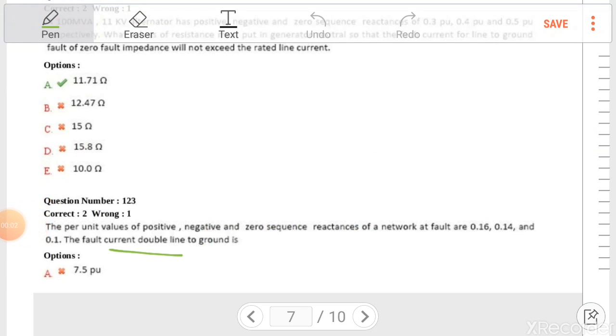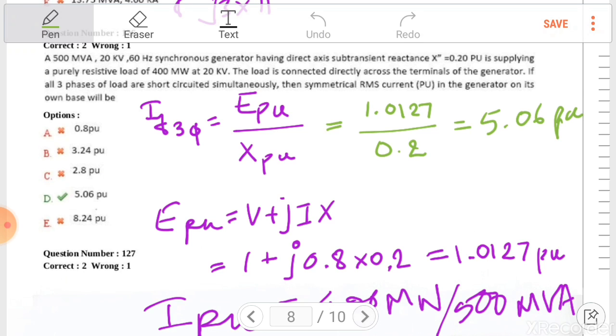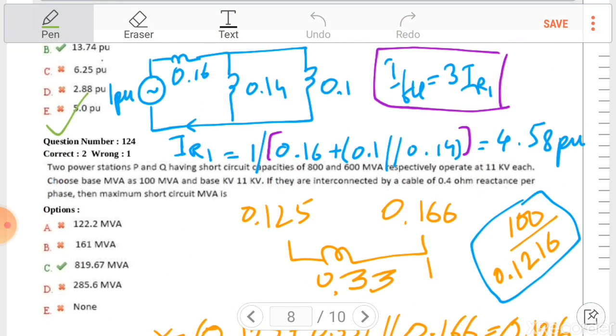In the next problem, per unit values for positive, negative and zero sequence reactance are given, and he is asking for the fault current for double line to ground fault. This is the double line to ground fault sequence diagram, and according to this we can find IR1, which is equal to 1 per unit voltage divided by total impedance.